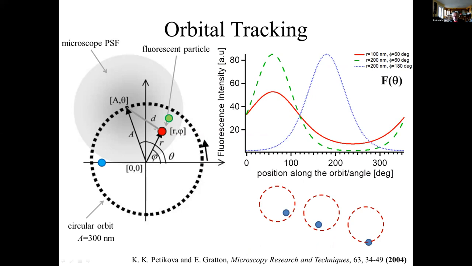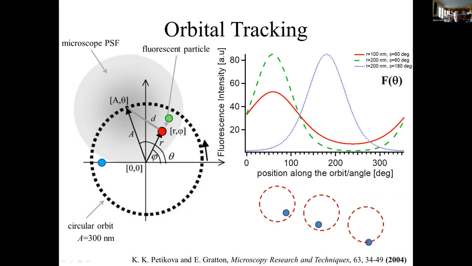But if the particle is out of the center by a given amount, for example, in red, when we examine the particle by moving the Gaussian function in that position, it will appear very bright, but when the Gaussian function is on the other side, it will appear very, very low. So it will appear very high at some angle, but very low at some other angle.